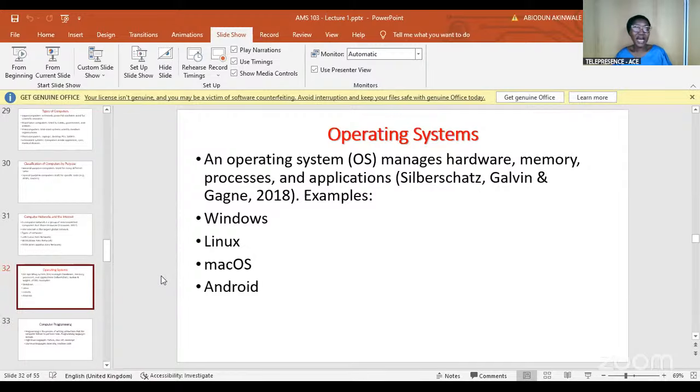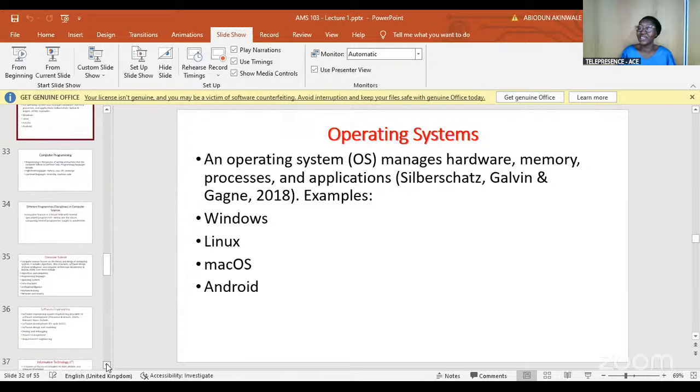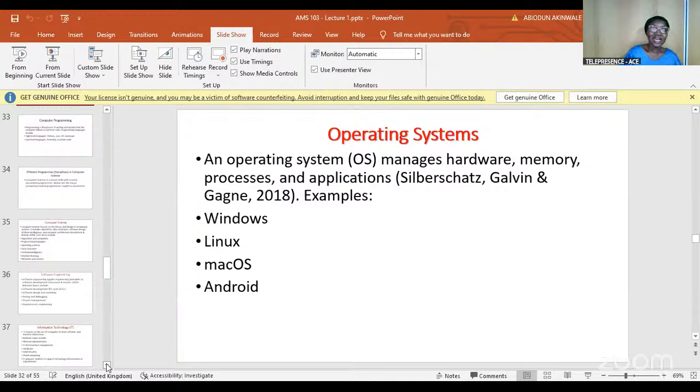Okay, so please, operating systems. What does an operating system do? It manages the hardware, the memory, the processes that take place in the computer, and then the applications, just like I mentioned to you earlier. If you have Windows on your system, what does it do for you?